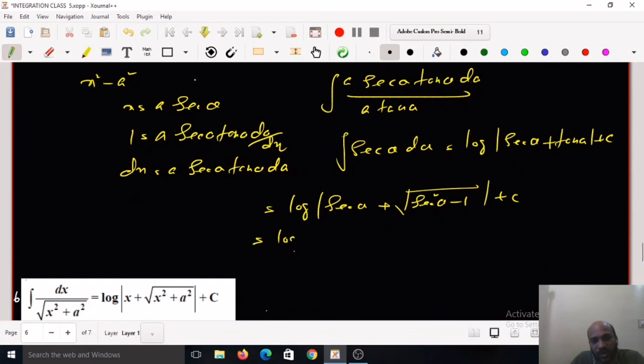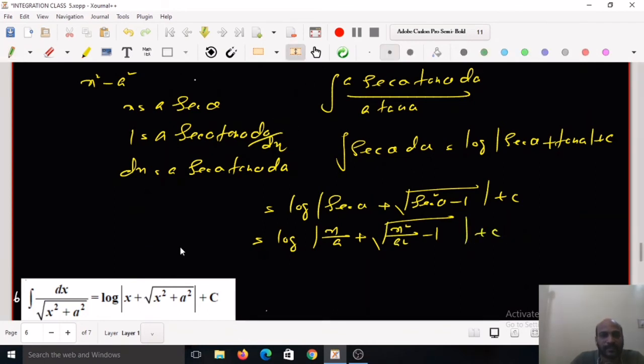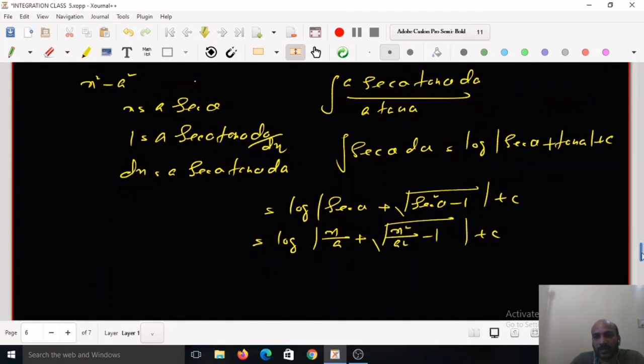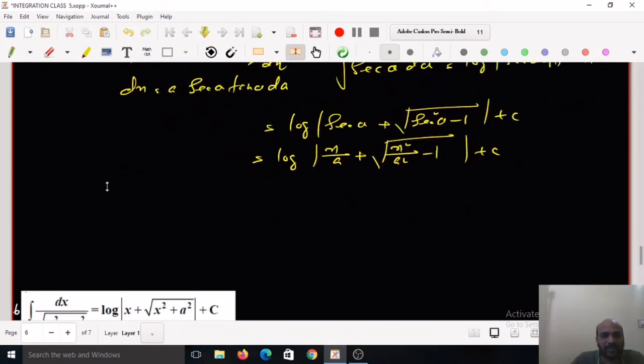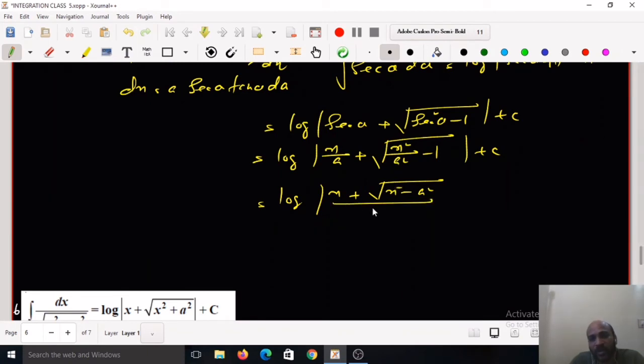So we'll get log mod x by a plus root of x square by a square minus 1, plus c. Now this one I have to simplify. So we'll get log mod x plus root of x square minus a square, by a square. If you find the root of a square is a, so we'll get the common denominator as a, plus c.